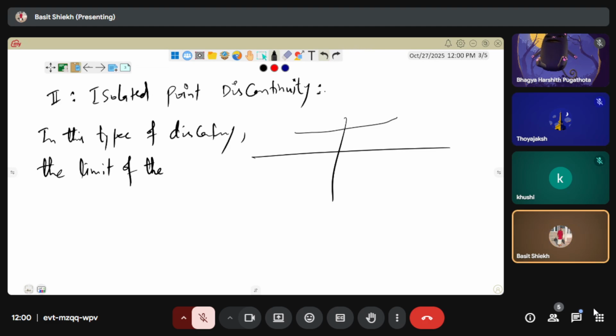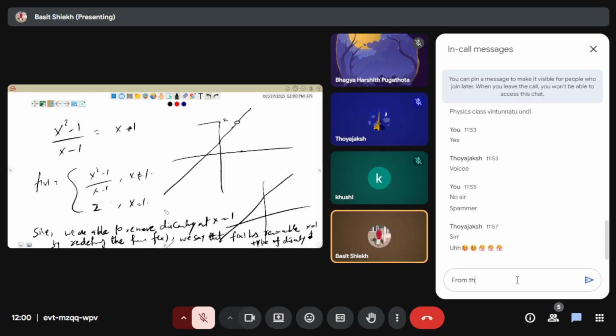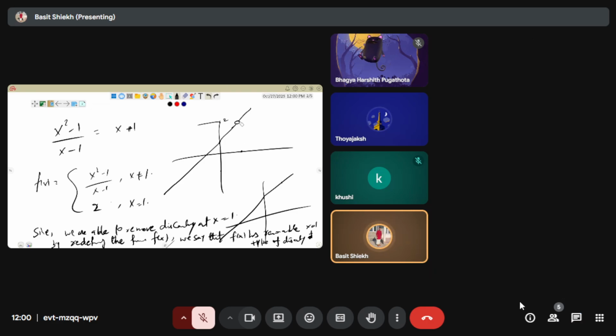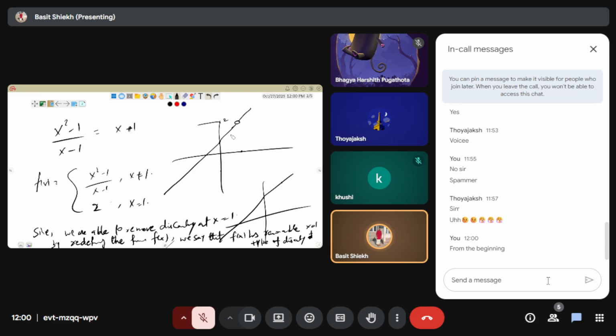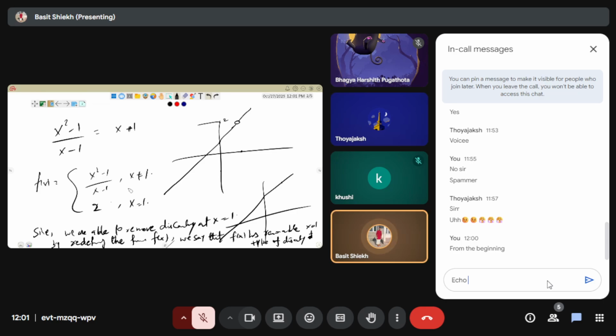In the previous slide, we had a missing point discontinuity. This point was missed in our domain. We redefined our function at this point. Sir, explain from the start, types of discontinuity.